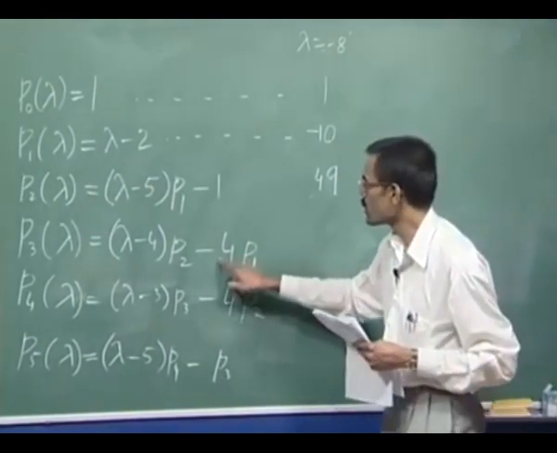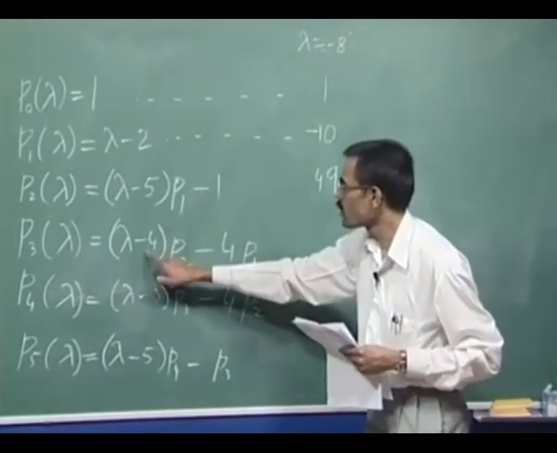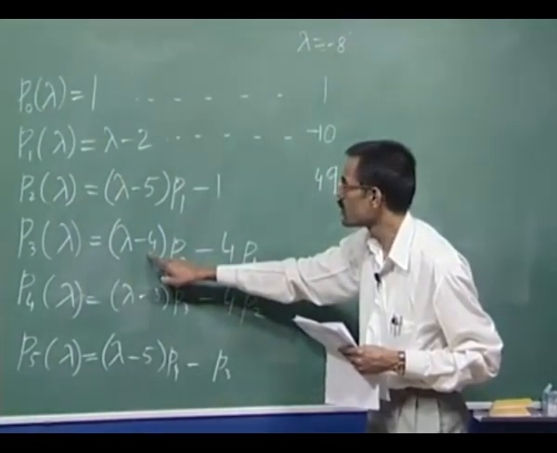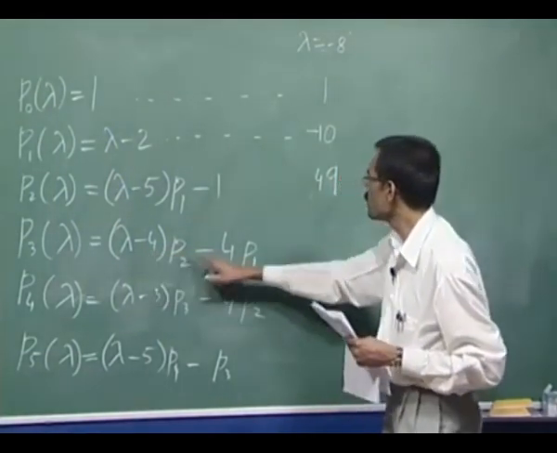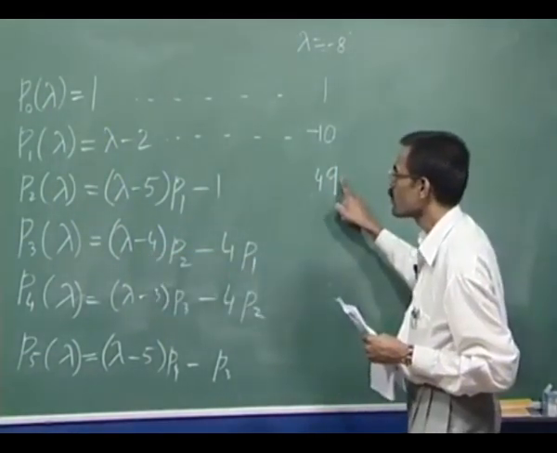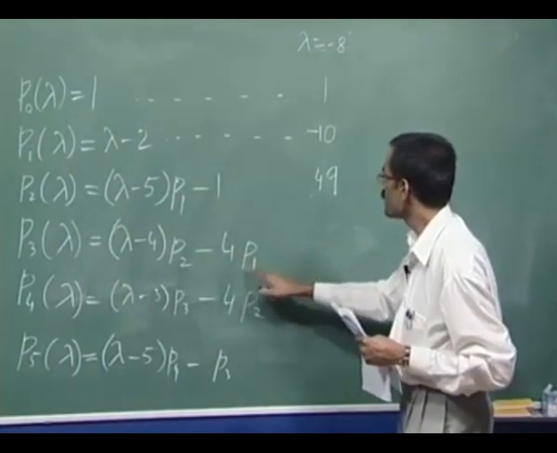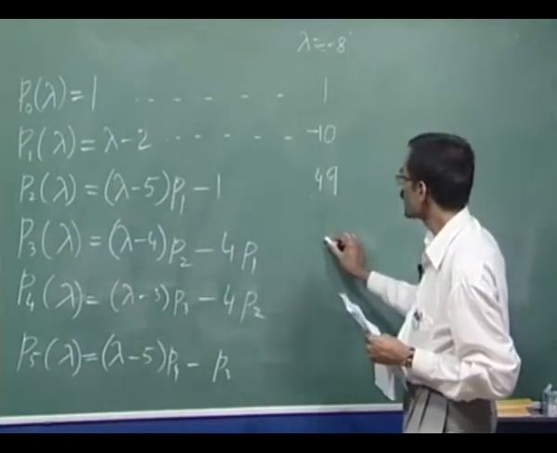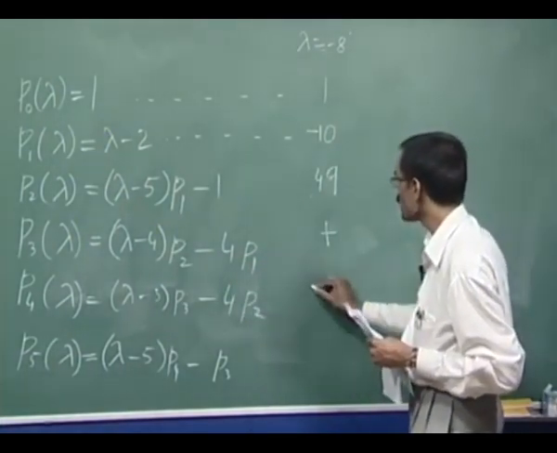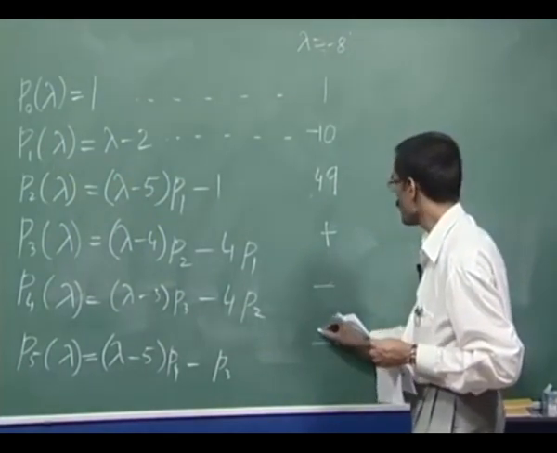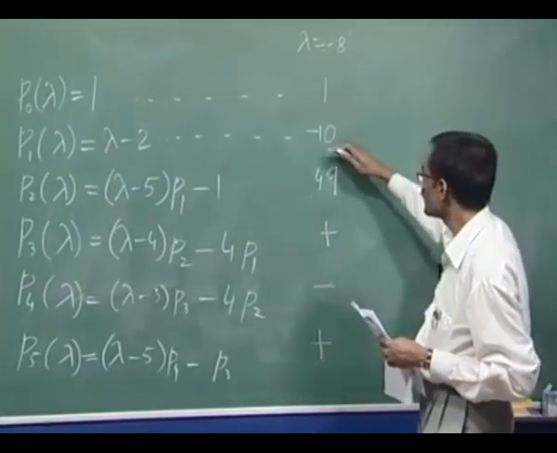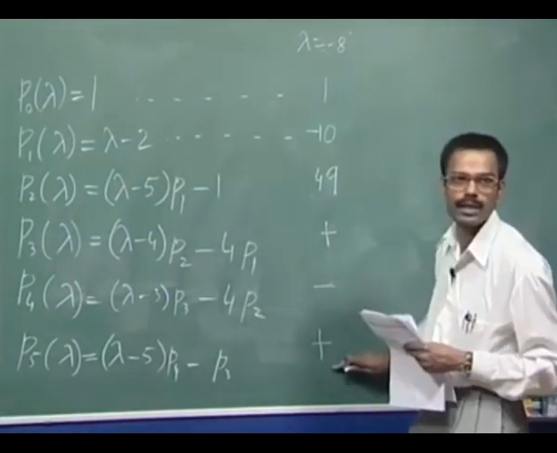Okay. Then you come here, minus 8 minus 4, that is minus 12, right, minus 12 into P2, what you have already got, okay, minus 4 into this. So, you will find that this turns out to be positive, then this turns out to be negative, this turns out to be positive, and then you will find that 1, 2, 3, 4, 5 sign changes are there.